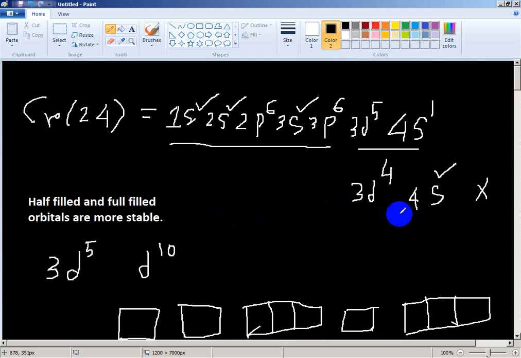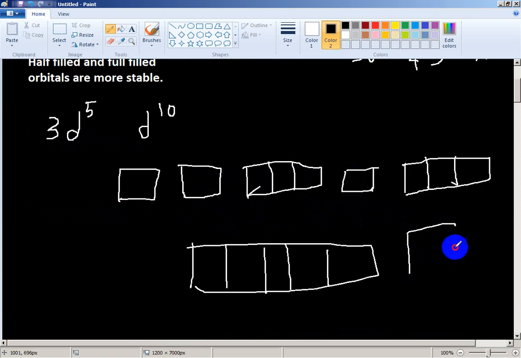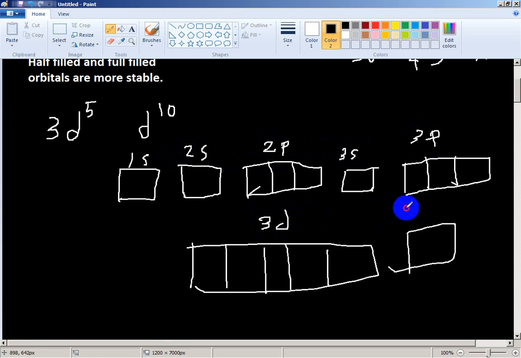Then the s orbital. This is 1s, this is 2s, this is 2p: 2px, 2py, 2pz, then 3s, 3p, 3d, and 4s.